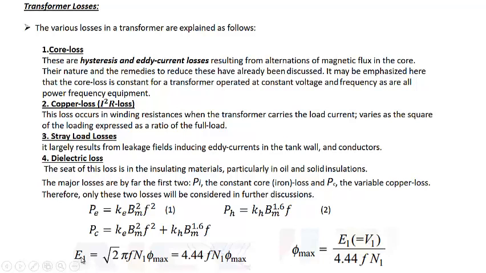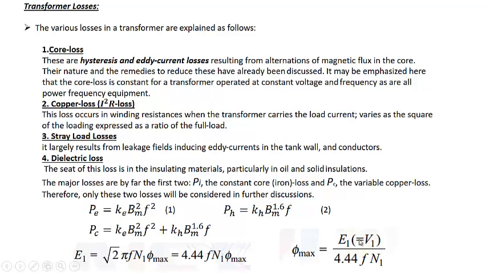Also, we know that the relationship of the input voltage, frequency, number of turns, and the maximum flux is given by this equation: V1 is equal to 4.44 F N1 into phi max. Phi max is almost always equal to V1 divided by 4.44 F N1, whether the transformer is loaded or not.